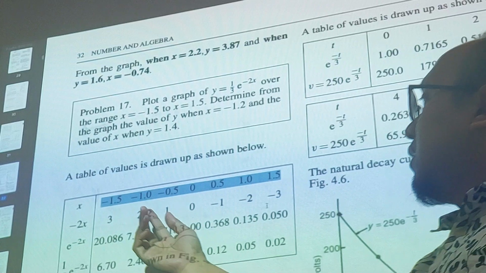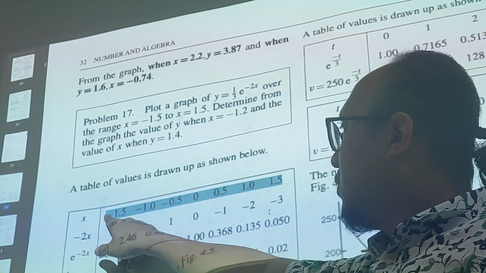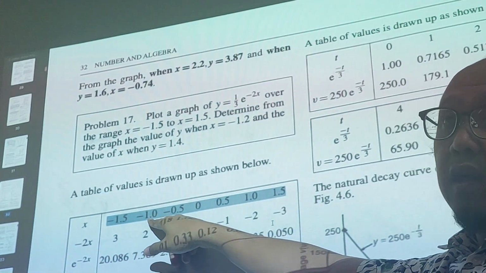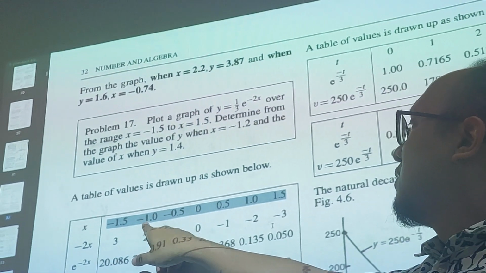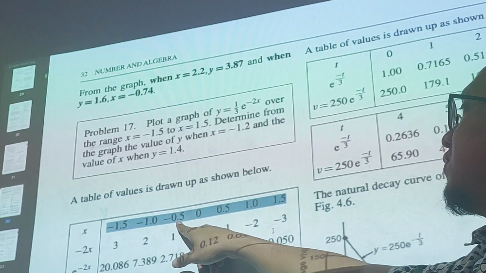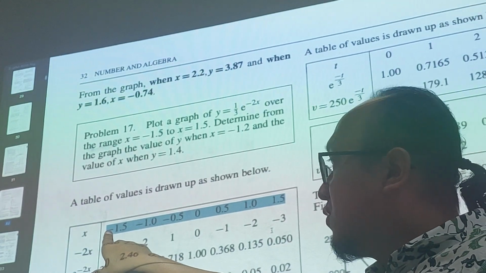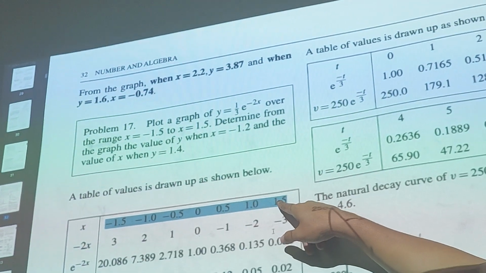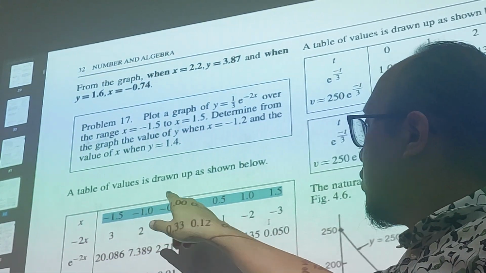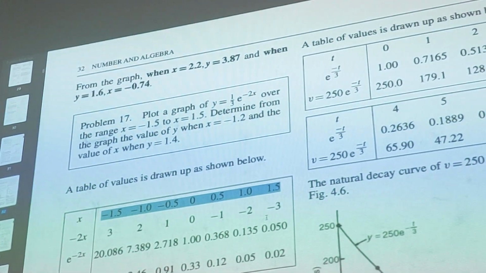You can use an increment of 0.5. So if you start with minus 1.5, the next is minus 1, the next is minus 0.5, the next is 0, and the range is between minus 1.5 and 1.5. So you will get 1, 2, 3, 4, 5, 6, 7 values for x.